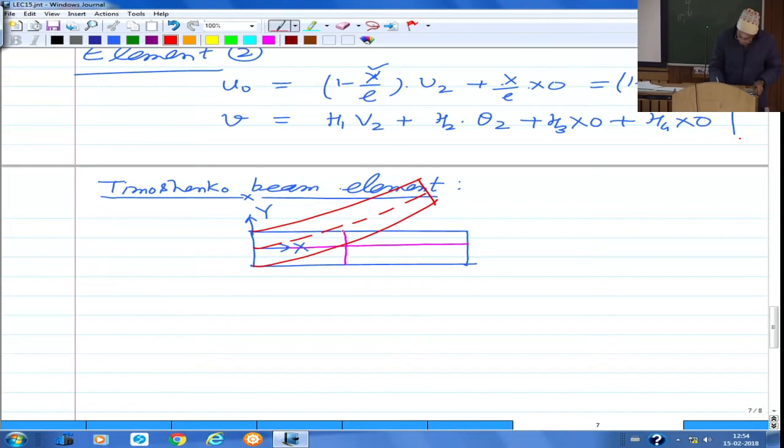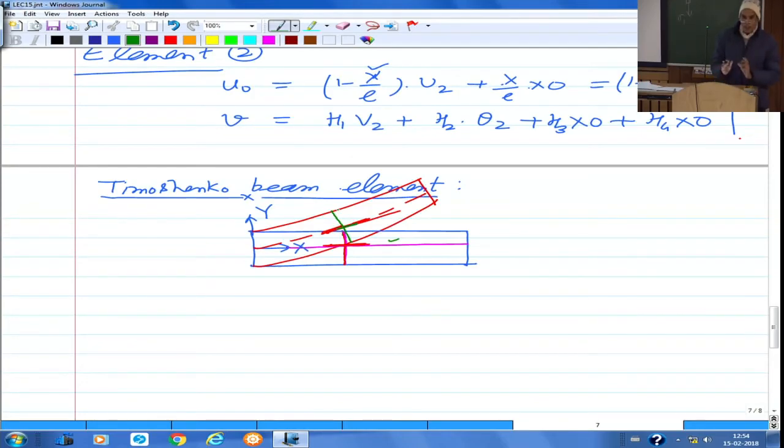Now when you look at this line, which is initially perpendicular to this axis, if I draw at the same point the tangent here, one thing I will have is the normal to this tangent, and that normal is this. But now see, in the Euler-Bernoulli beam theory we said that the line drawn perpendicular to the axis coincides with this normal to the tangent drawn to the middle surface.